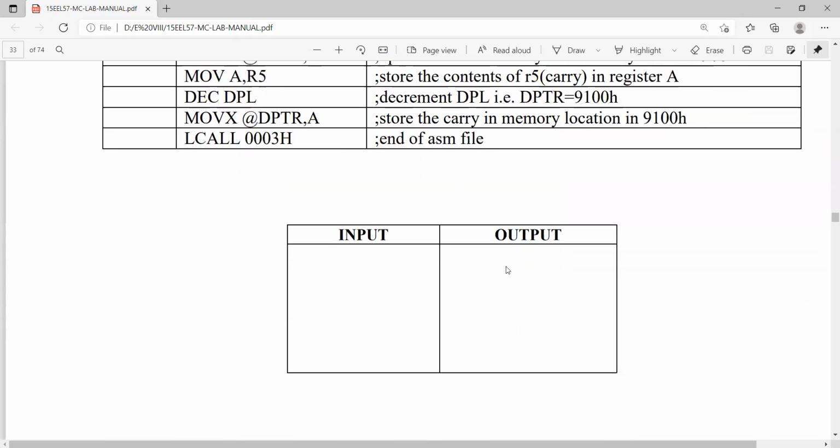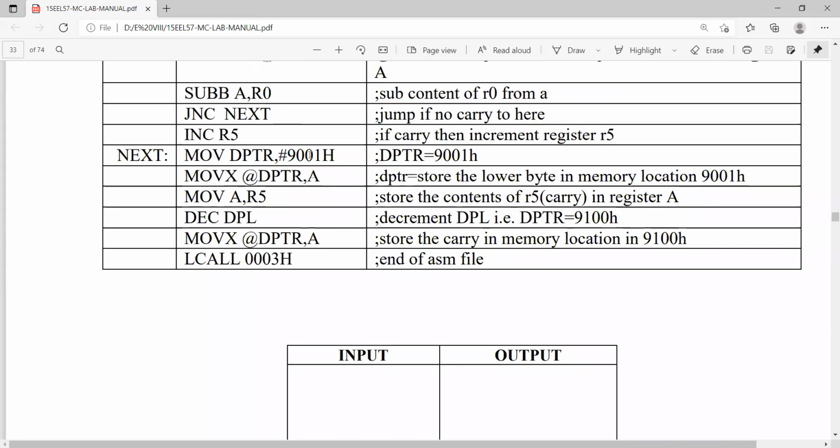The output values you can check in 9000 and 9001. You can check these values for different data inputs. You can give different data, execute the program, and observe the result.